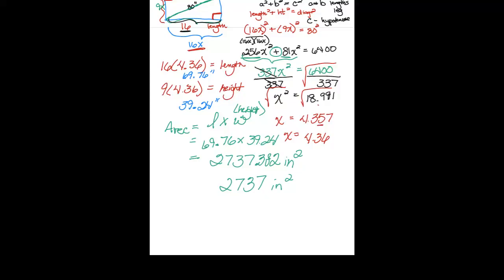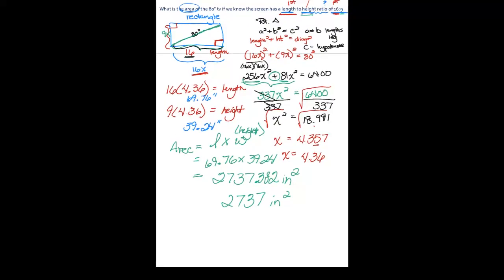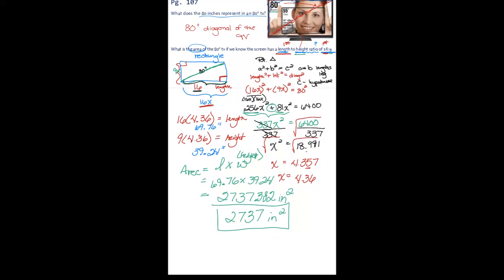And they probably would round that even a little bit more because nobody talks about 37 inches. They might say 2,740. Although that would be a little deceptive. Who knows? That is the area of the rectangle.